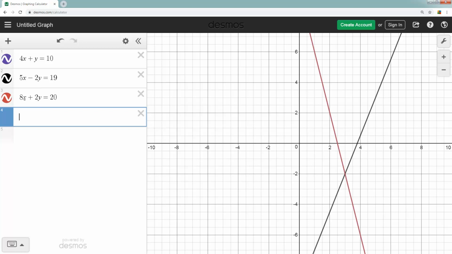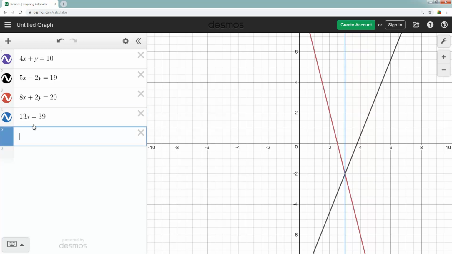So 5x and 8x add to the 13x, and 19 and 20 add to 39. So equals 39. And so again, there we produce a line that still goes through the 3, negative 2 point. And of course, I can divide both sides of this by 13 like we did. So 13x divided by 13 gives you x, and 39 divided by 13 is 3. Again, same line.